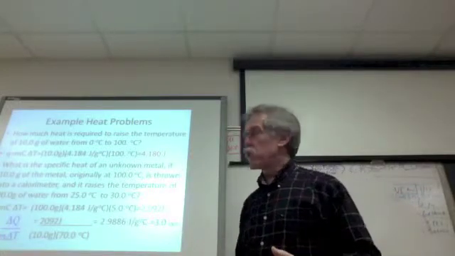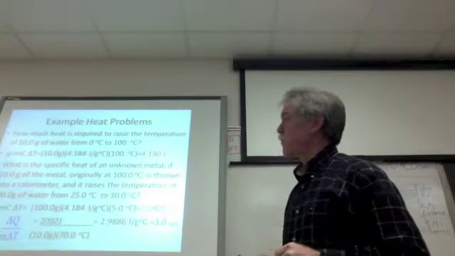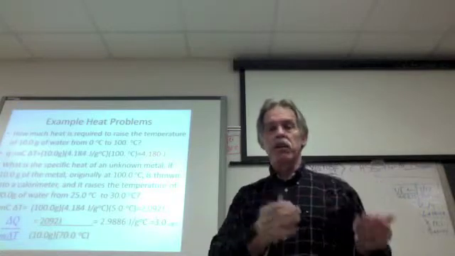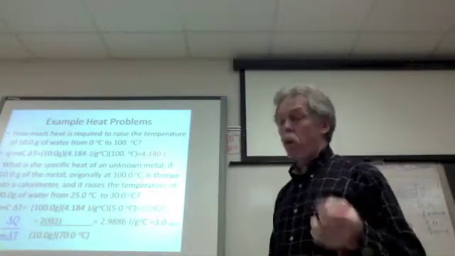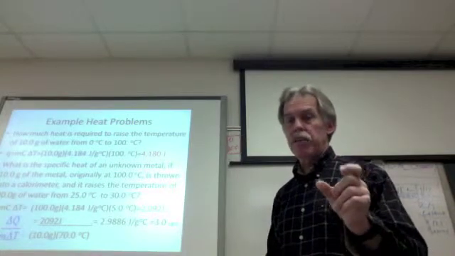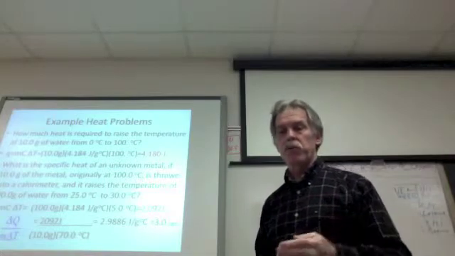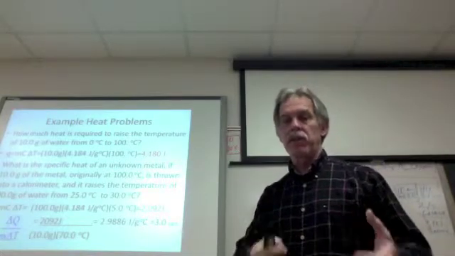So this problem says how much heat is required to raise the temperature of 10 grams of water from 0 to 100. You have a temperature change. Q equals MC delta T. It says water, so we know that C, which is specific heat, is equal to 4.184 joules per gram degree Celsius. That is a number that you'll be given, but you need to be familiar with it.